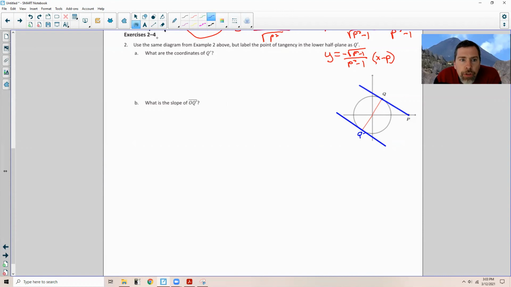All right, so use the same diagram, but label the point of tangency in the lower half plane as Q prime. What are the coordinates of Q prime? Well, if this was over 1, up 2, that would be the point 1 comma 2. And if we reflect it across the origin, then it would be left 1, down 2.